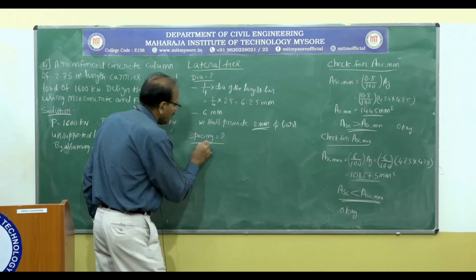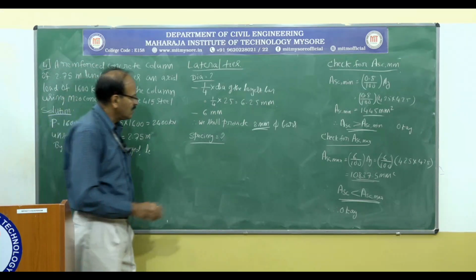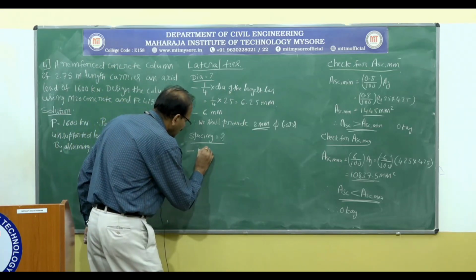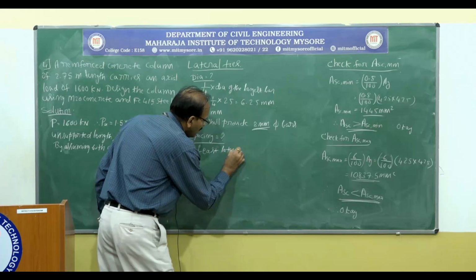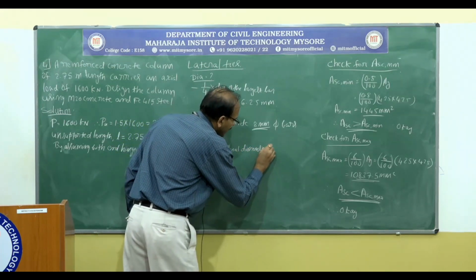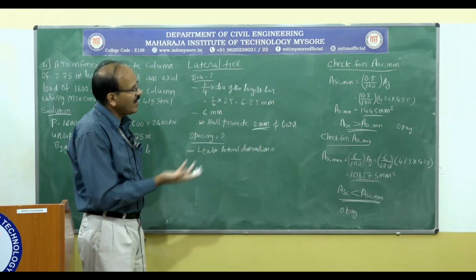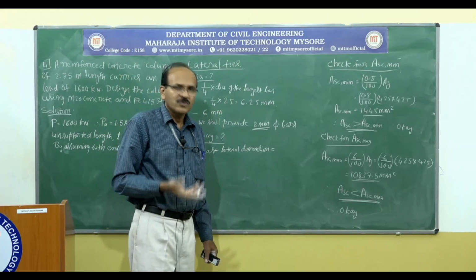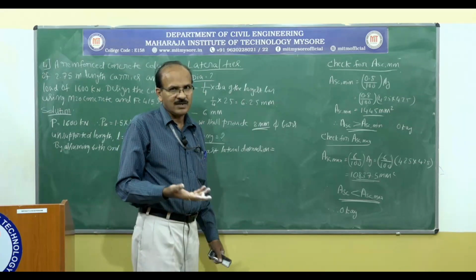Next, spacing of lateral ties. The code says the spacing should not exceed the least lateral dimension. So what is the least lateral dimension? We have a square column, 425 by 425. So that is the smallest dimension and that is the largest dimension.